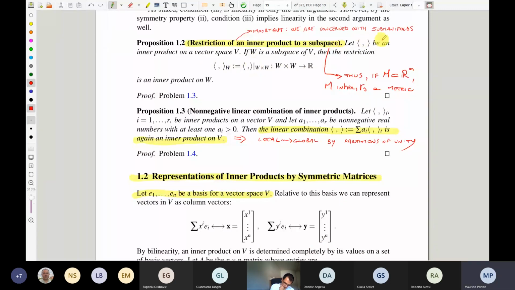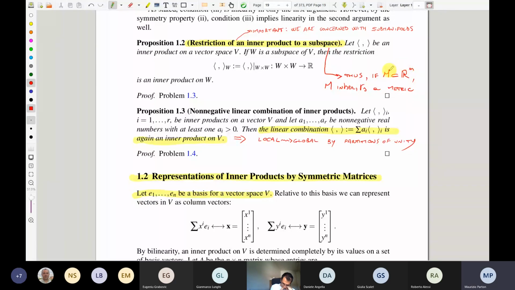If you have an inner product, a notion of length on R3, and then you take a subspace of R3, a plane, then you can put an inner product on the plane just as the restriction of this inner product. In concrete terms, in terms of manifolds, when I put a manifold inside Rn, since there is a metric in Rn, we automagically have a metric on every tangent space to M, which is a plane contained in Rn.